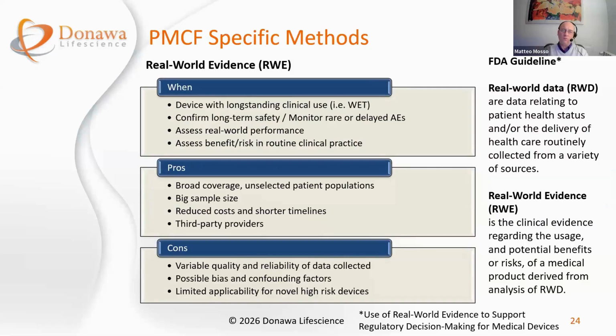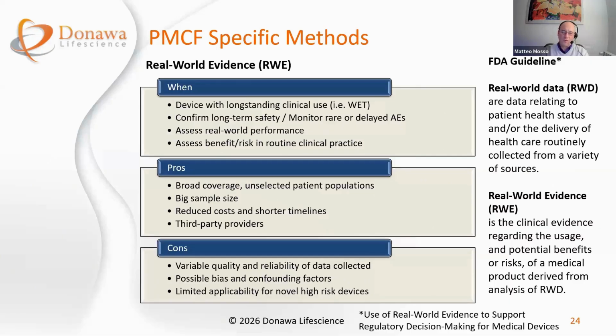Moving forward to real-world evidence, I have put here the definition from the FDA guideline, and as we can see, the definition is so broad that, of course, it does not exclude some of the other methods that we will see moving forward. So when is it useful to rely on real-world evidence?